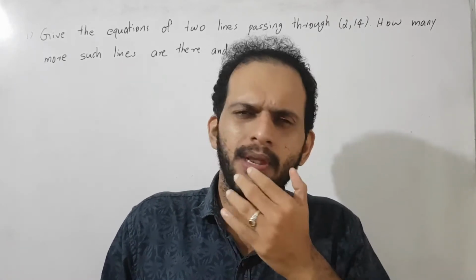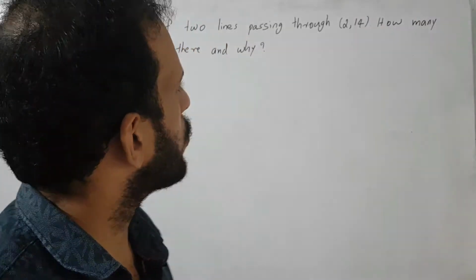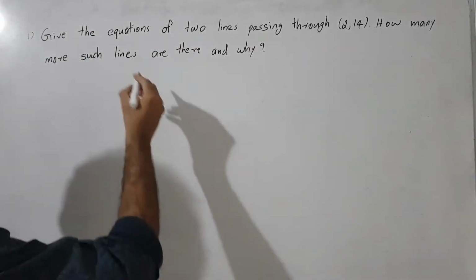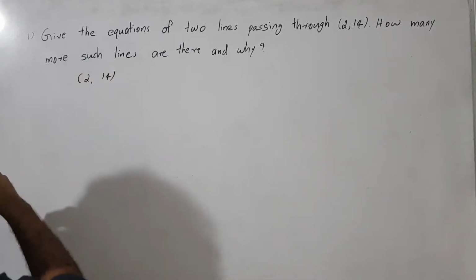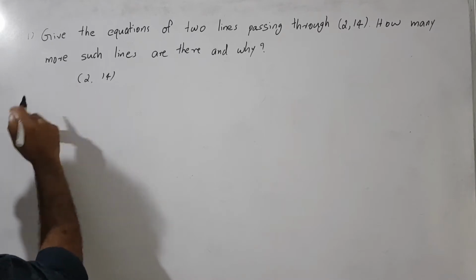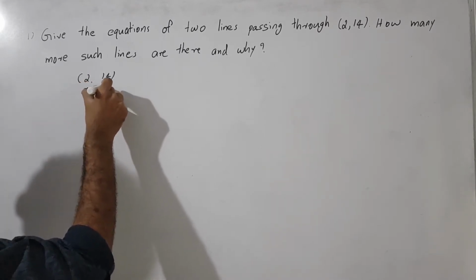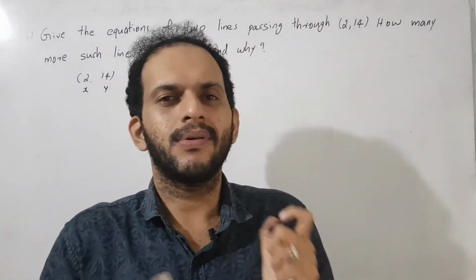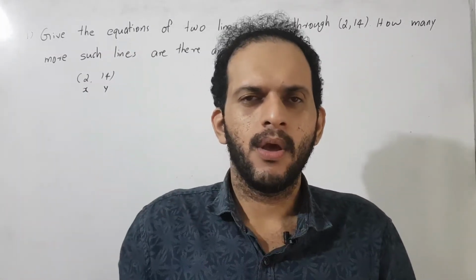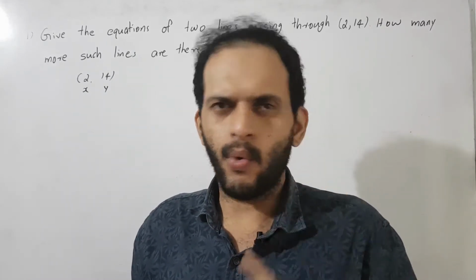Okay, that is a very easy one. The solution is already given. What is the solution? The solution is (2, 14). Correct. Then it is very clear. We know that 2 is denoting the value of x and 14 is denoting the value of y. Also we know that to write the equation we need two variables, which we take as x and y.